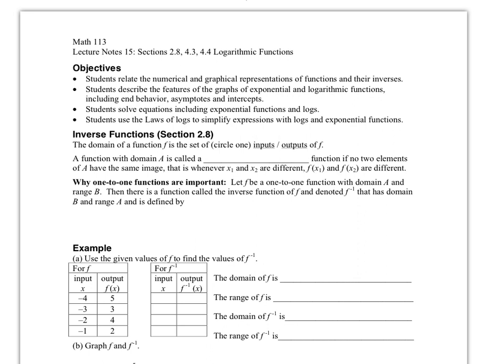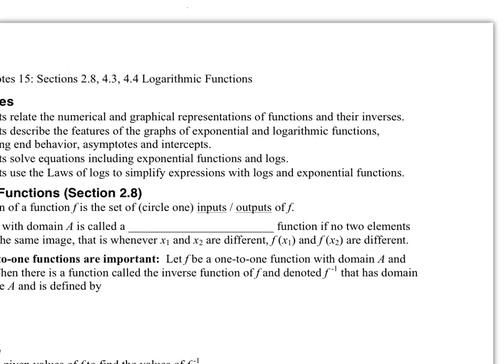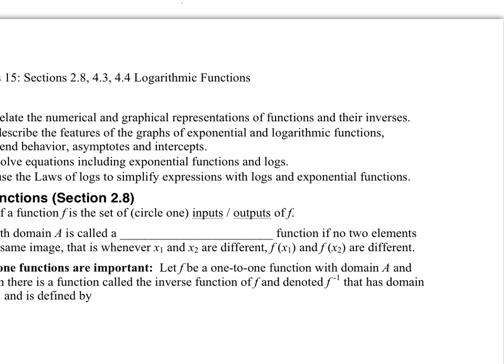Before we get into inverse functions, let's first review what a function is. We've been using functions the whole semester, but here is a review.